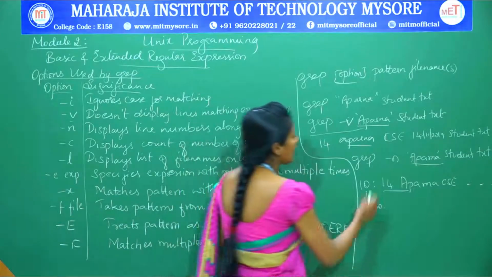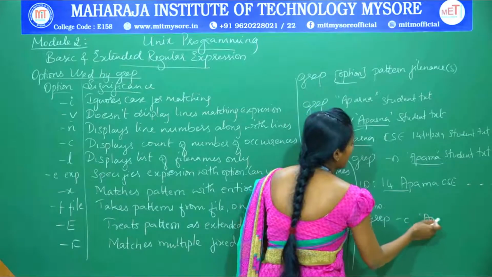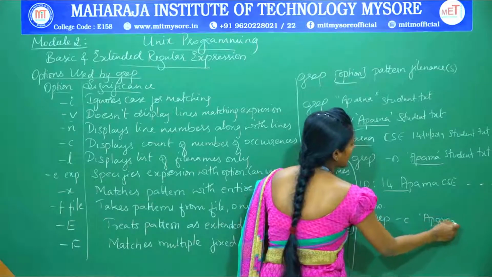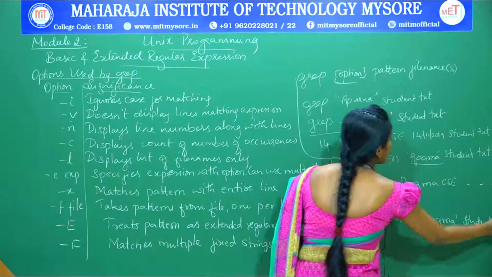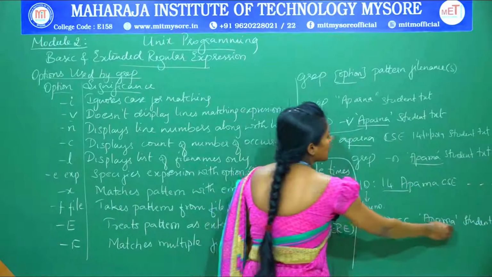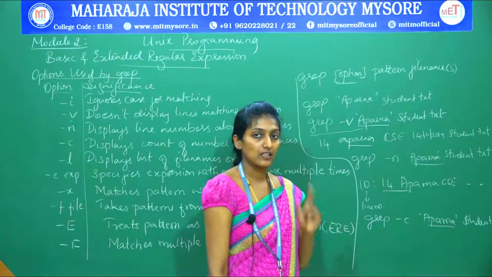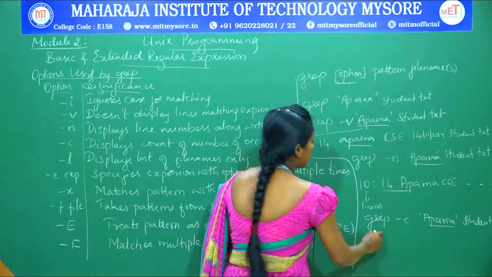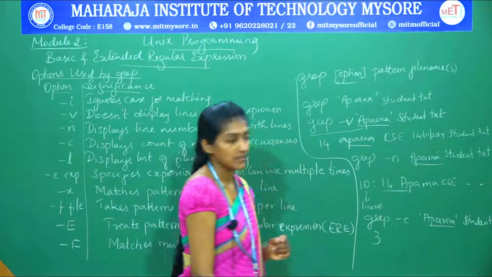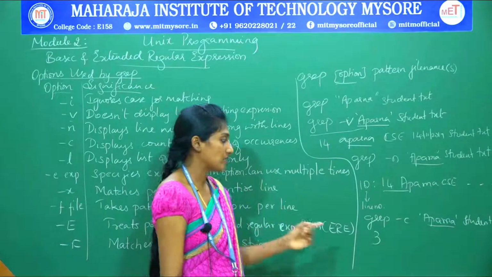At that time the count will be displayed, so grep -c, let me take the Aparna name, followed by student.txt here. So if the Aparna name has occurred twice or thrice in the file student.txt, that count will be displayed as the output.